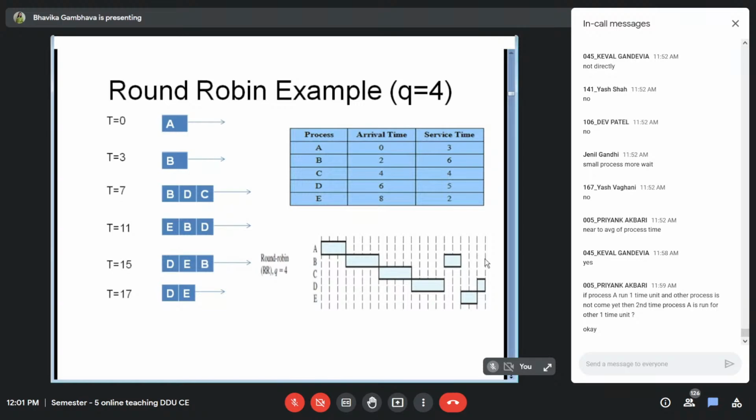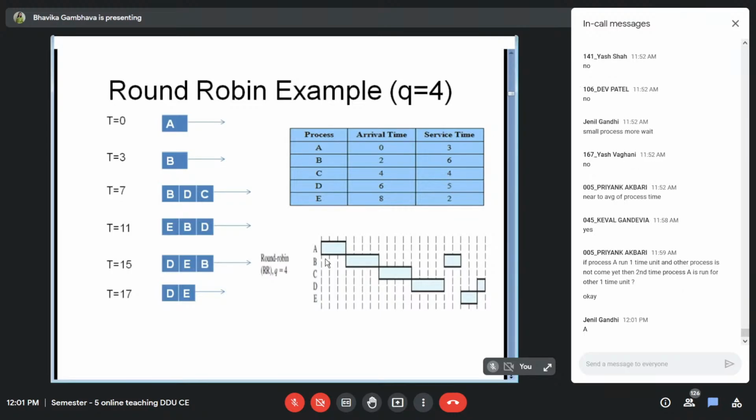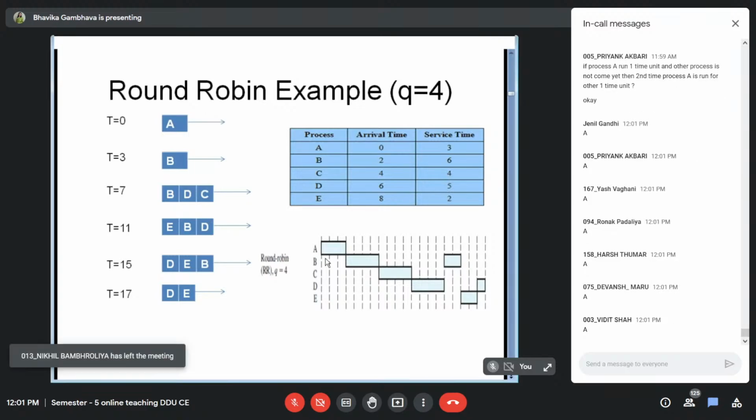So everyone, can you tell me in the first time slot which process will execute? Be with me for 2 minutes, then again I'll give you time. A. In the second time slot, can you see the cursor where it is? Okay.